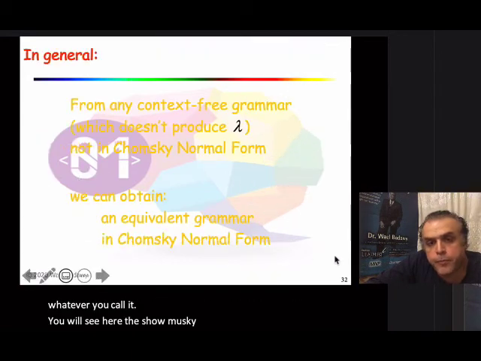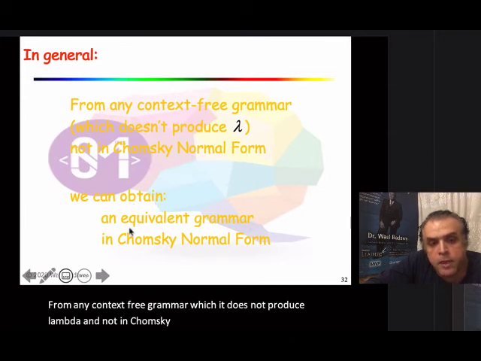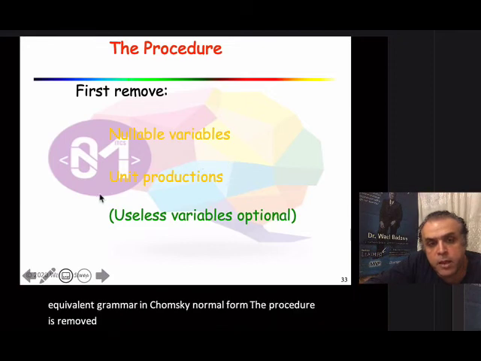From any context-free grammar which does not produce lambda and is not in Chomsky normal form, we can obtain an equivalent grammar in Chomsky normal form. The procedure is to first remove the nullable variables, then the unit productions and useless variables.